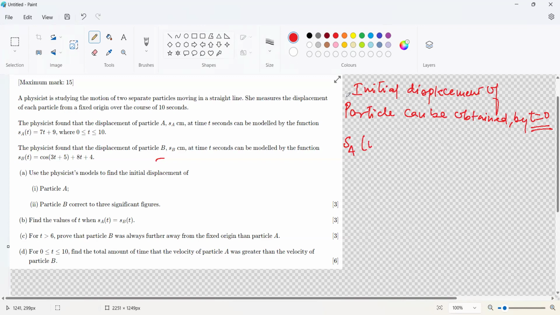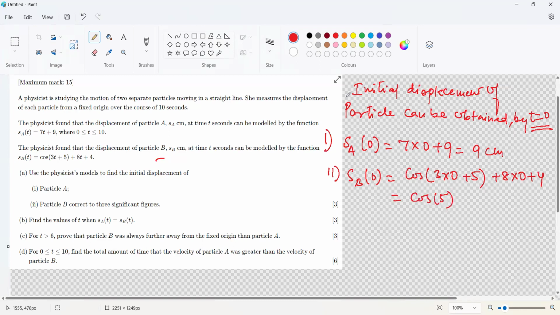SA(0) would be 7 times 0 plus 9. That is 9 centimeter. SB(0) is cos(3 times 0 plus 5) plus 8 times 0 plus 4. It is cos 5 plus 4.